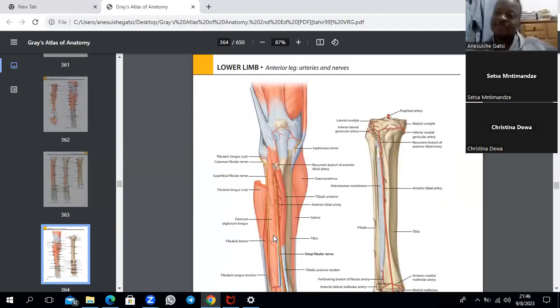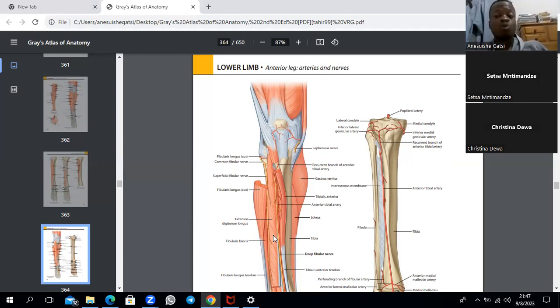Arteries and nerves, I've already told you. The innervation for the anterior leg, I said deep peroneal nerve. The innervation for, not posterior yet, but for the lateral leg, we said superficial peroneal nerve. And the words superficial and deep, I said we'll only use them. The reason why we use superficial and deep is relating to the ankle, not how they are working in the leg.